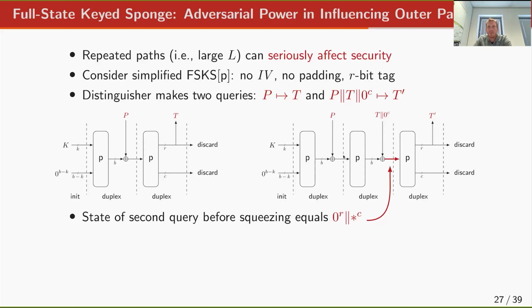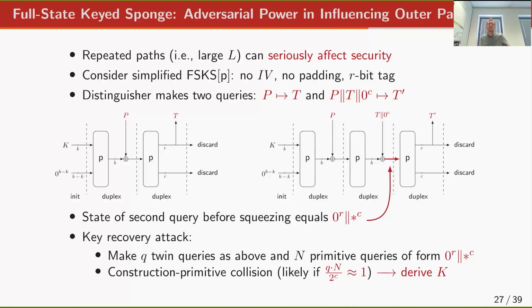If you go to the second picture, the path up to the second duplex is also just the plaintext. Only then you start doing something different. Here we only squeeze, on the right picture we absorb. So you have the same path going to a different duplex. And this led to two duplexing calls where we know that the outer part is 0 Rs.